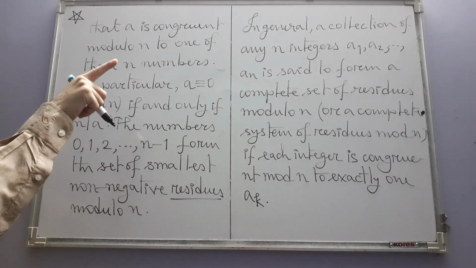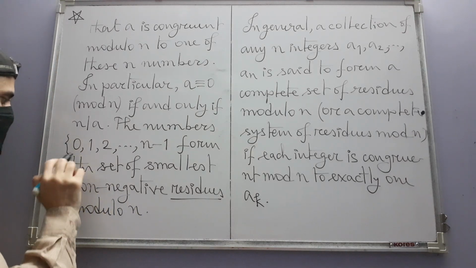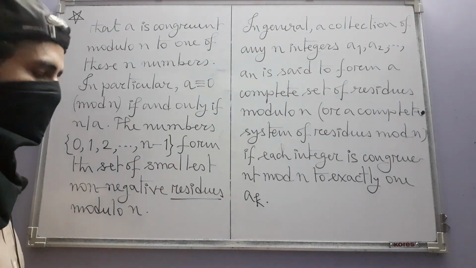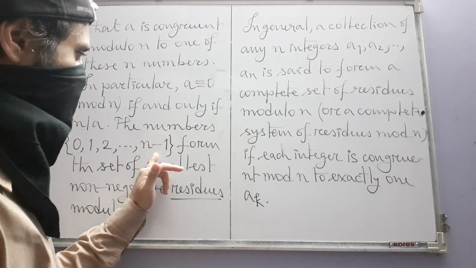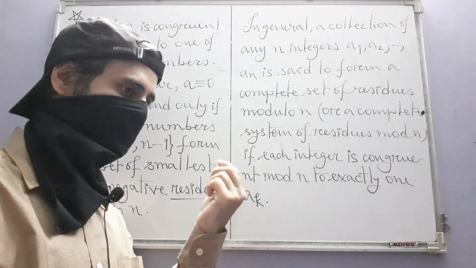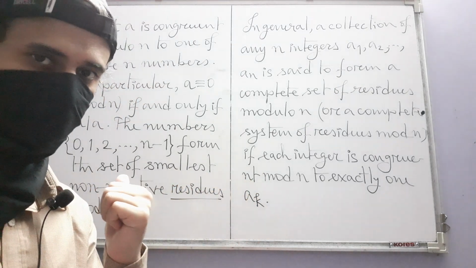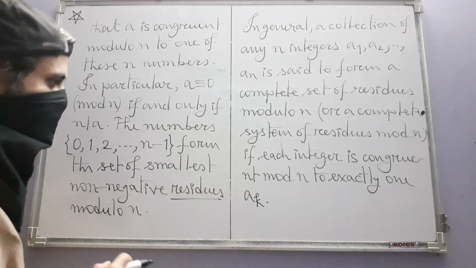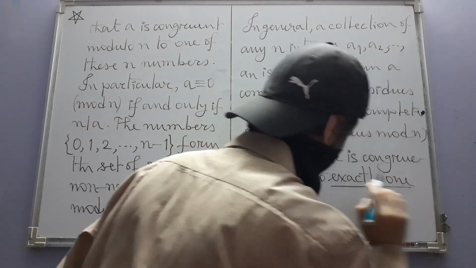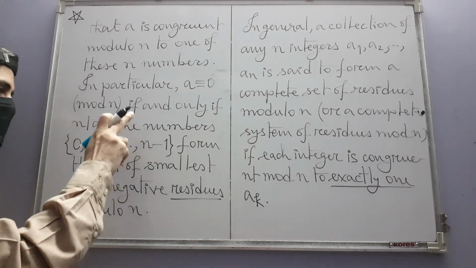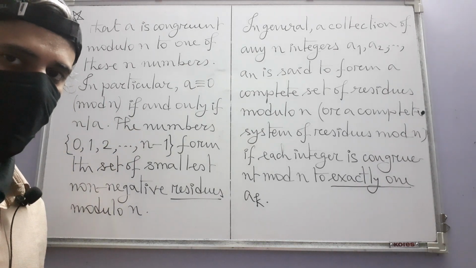Now, our previous discussion has shown that these numbers form a set of residues modulo n, in the sense that every integer a is congruent to one of them modulo n. However, we did not really address how it is that every integer is congruent to exactly one of these numbers modulo n.